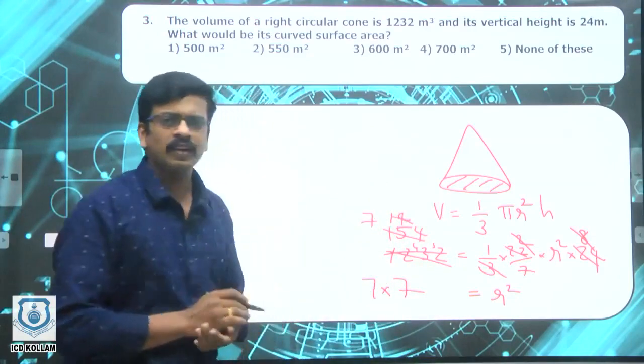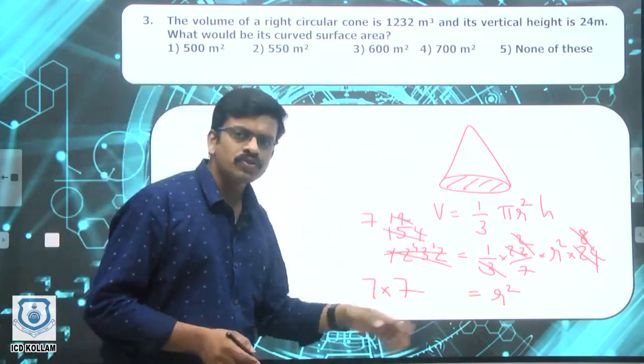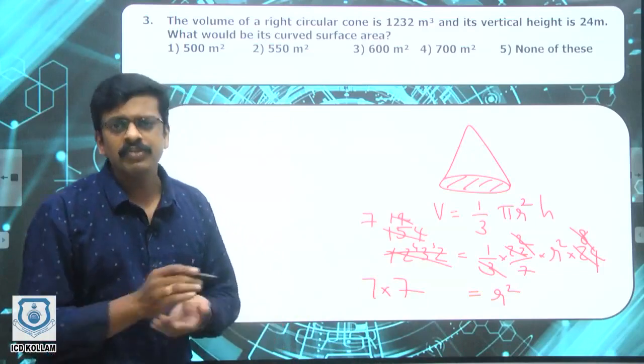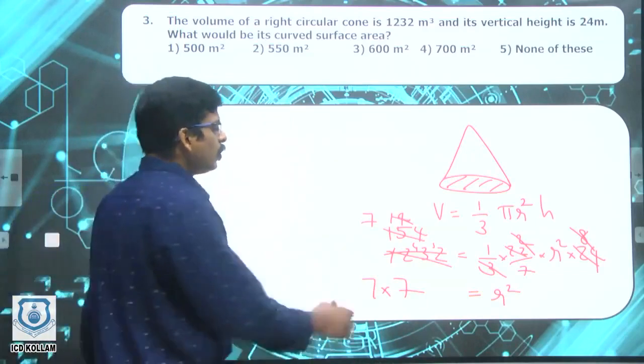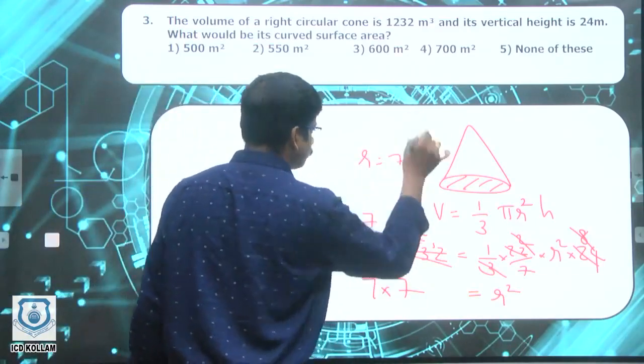So r square means r into r is 7 into 7. Then what is r? r is going to be 7.